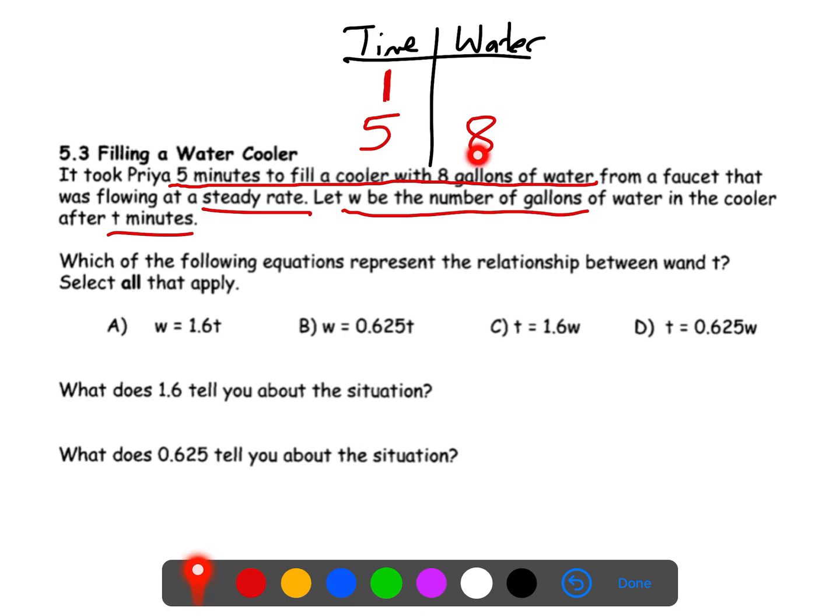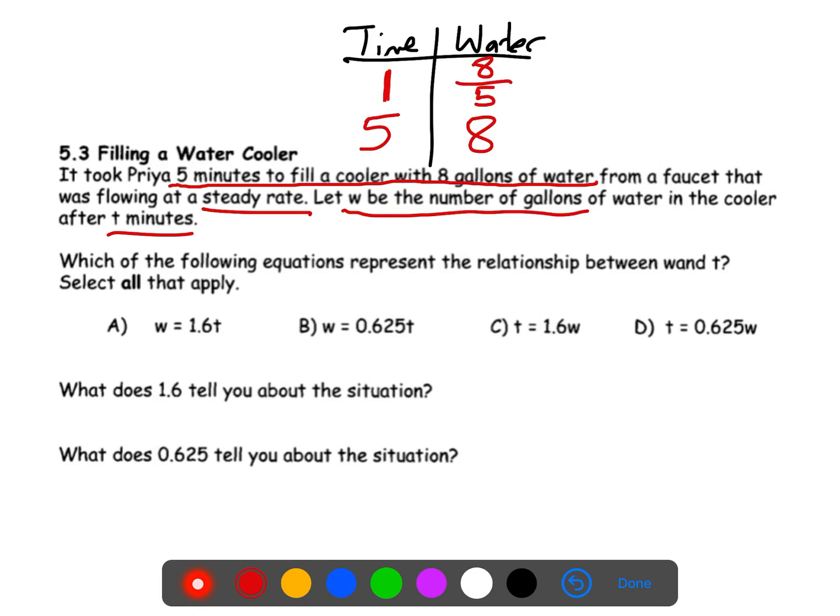So if 8 gallons of water flows out every 5 minutes, if I wanted to know how much water comes out every minute, I would take this total of 8 gallons and split it equally into those 5 separate minutes so I could see how much water is coming out each minute. Again, I could divide that, or I could just write 8 divided by 5, 8/5.